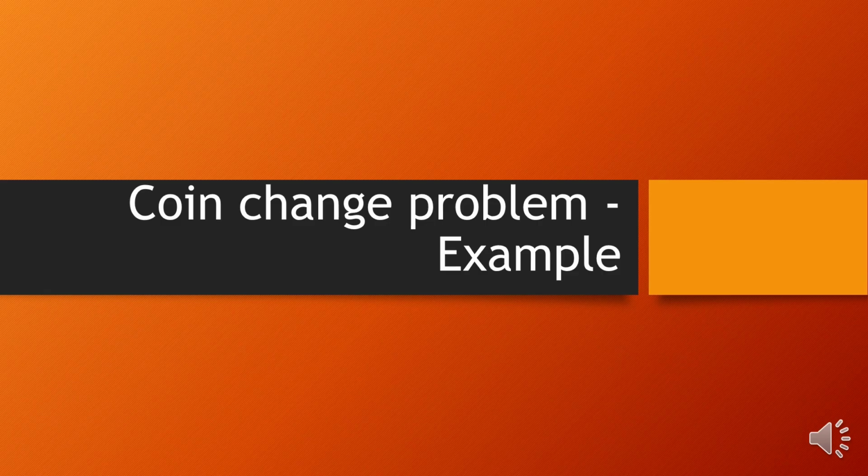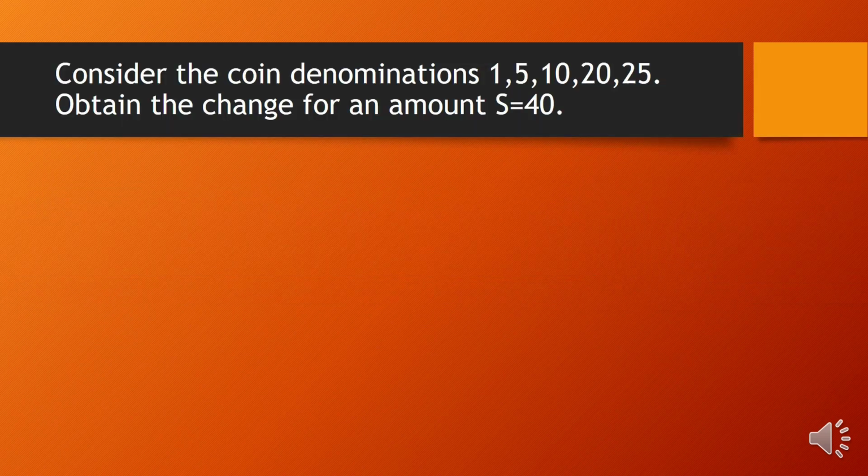Our aim is to give change using fewer coins. So I have considered one example here. The available coin denominations are 1, 5, 10, 20 and 25. Our aim is to obtain change for an amount S equal to 40, and remember, you have to make use of fewer coins.